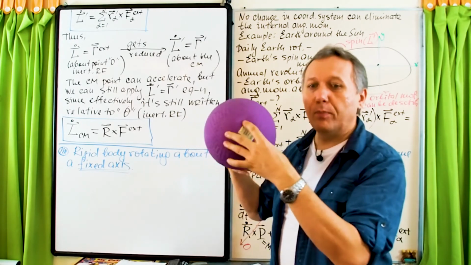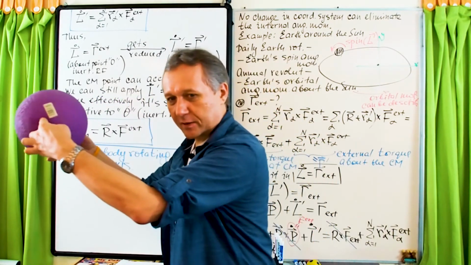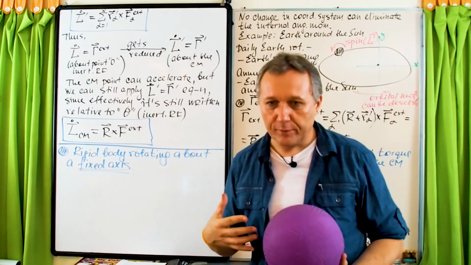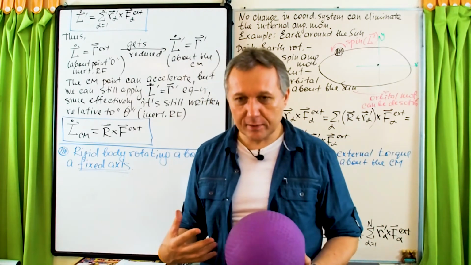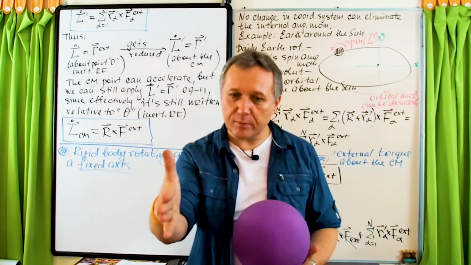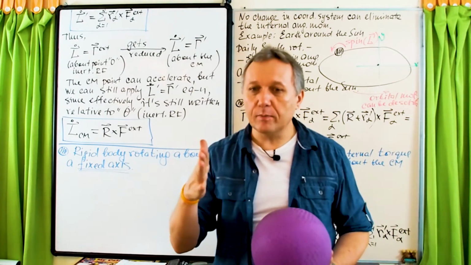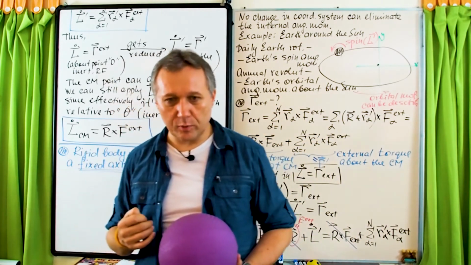But I can move my fingers forward, still rotating the ball, and this is still an example of a fixed axis of rotation. So basically, the axis of rotation must be along the same line, and that line still can experience translational motion.